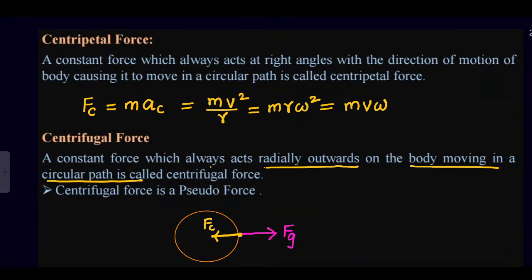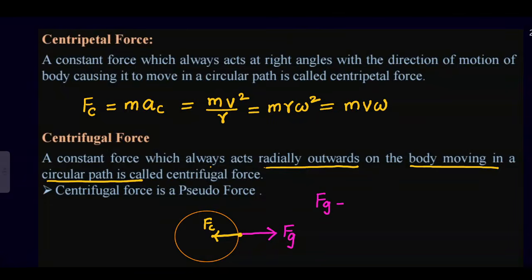For the body to be in equilibrium, the condition is that centrifugal force and centripetal force have to be balanced. Then only can the body move in a circular motion. So the centrifugal force is equal to the centripetal force.